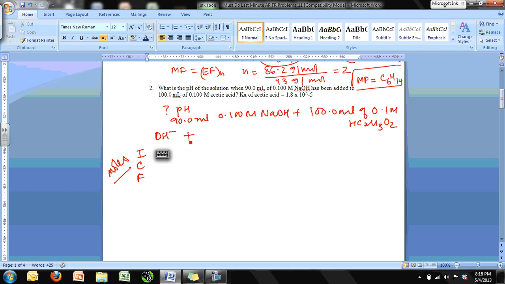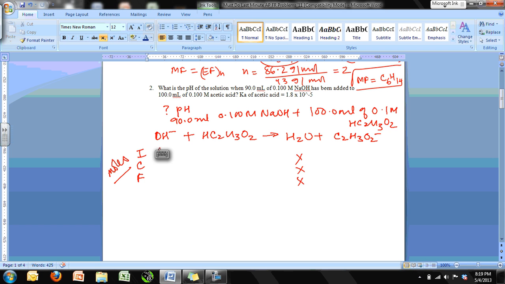You can just write OH minus. And acetic acid, being a weak acid, you write as the whole acid and not dissociated. When they neutralize, they form H2O plus acetate ion, and you don't care about H2O. If you multiply mL times molarity, you get the moles of OH minus.